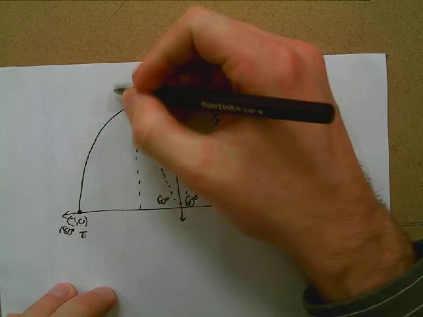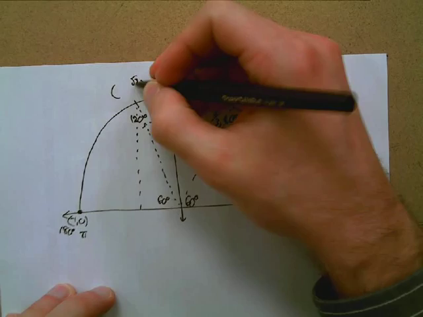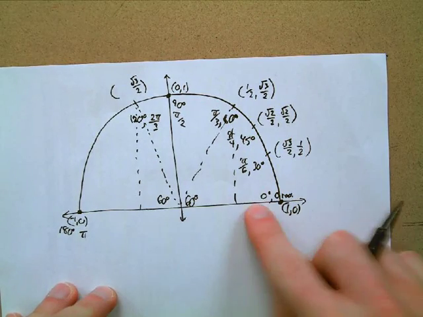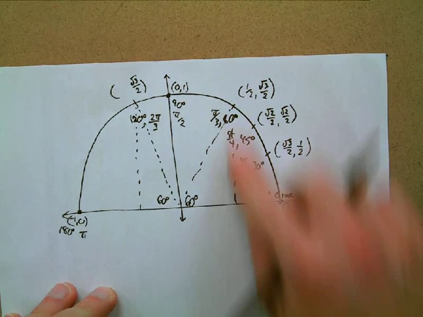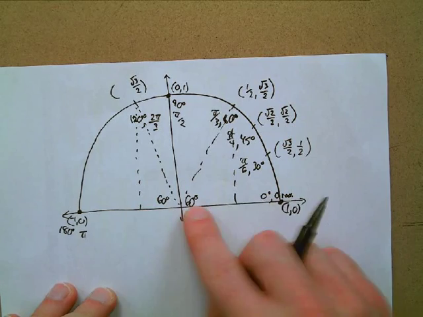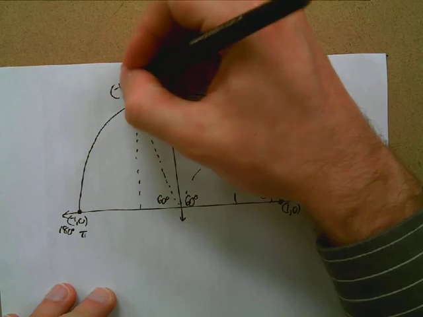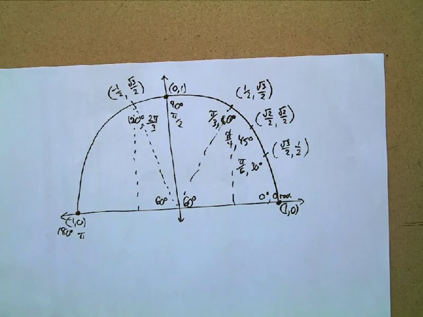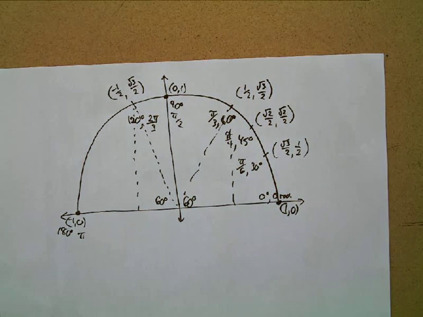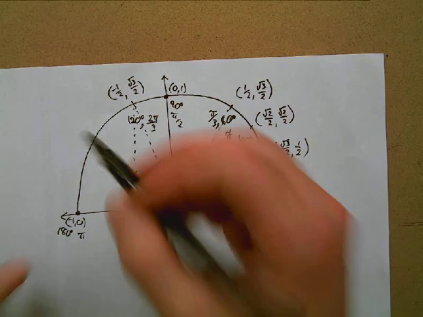And the same will be true as we continue around. For this angle, it's a 135 degree angle, or 3 pi over 4, which is really then 45 degrees back. So it's back to our 45 degree coordinates, but it'll just be negative square root of 2 over 2, and then root 2 over 2.